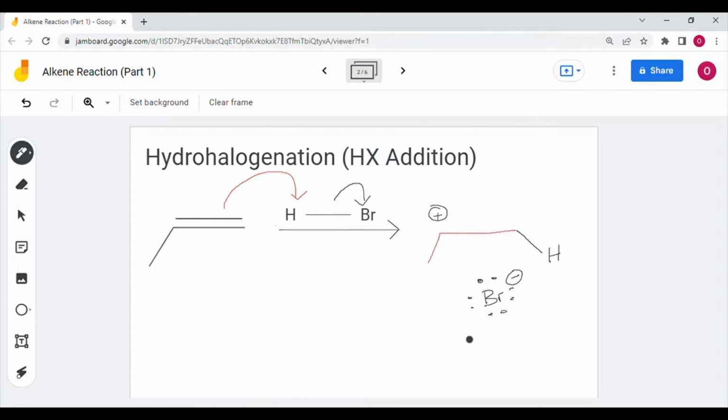So now the next and final step is for this bromine to attack this positive carbocation like so. And when this happens, we're going to get a molecule that looks like this. And if you want, you can also draw the hydrogen, but for now I'm not going to. So here is the mechanism for any hydrohalogenation reaction.